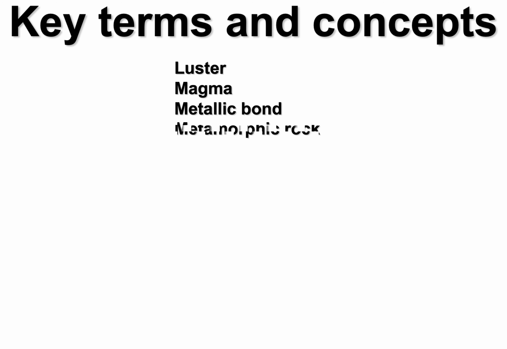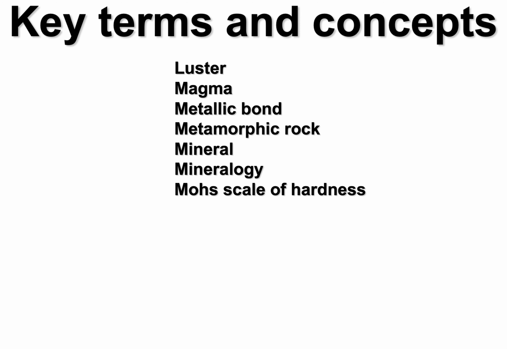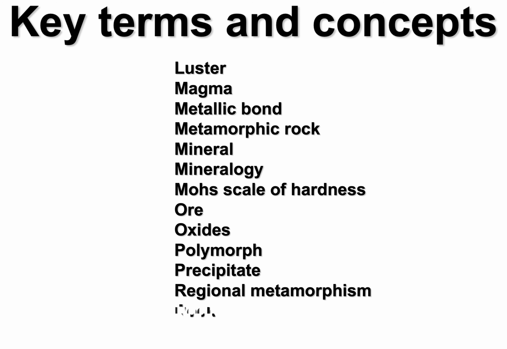Furthermore, we talked about the luster, the magma, the metallic bond, the metamorphic rocks, the minerals, the mineralogy, the Mohs scale of hardness, then about ore deposits, the oxides, the polymorph minerals, the precipitate, the regional metamorphism, and rocks.